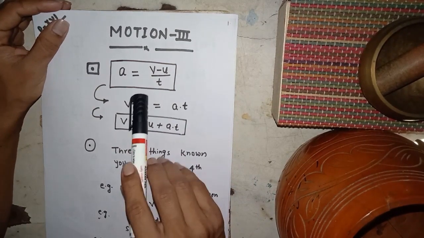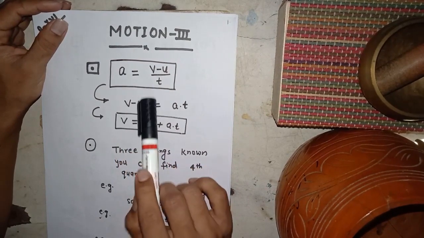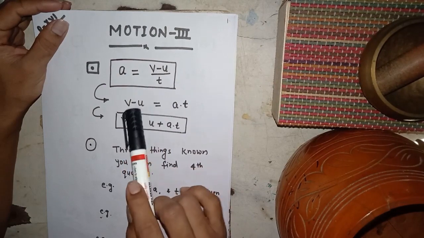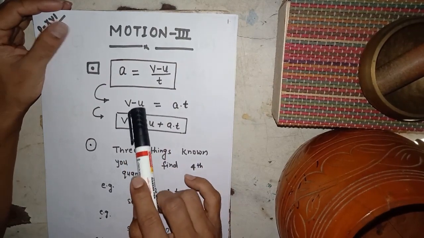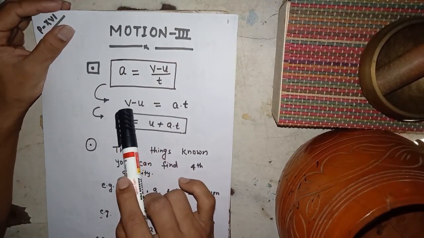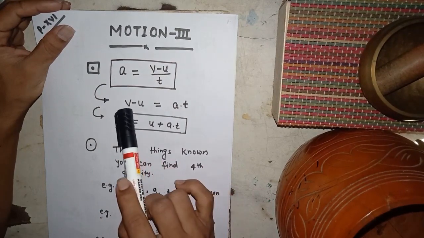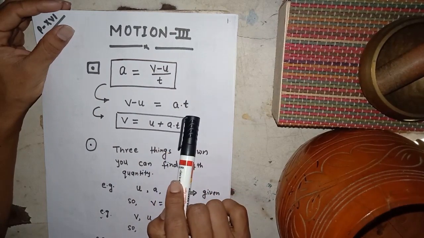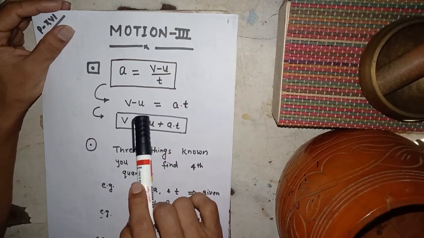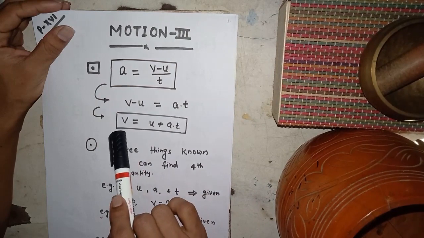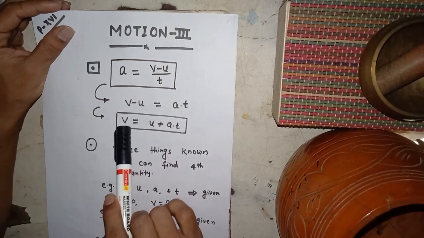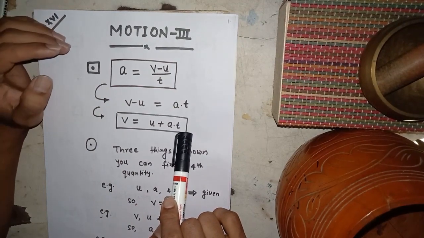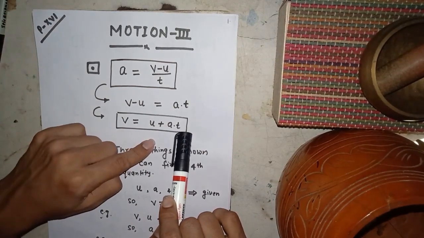But if you manipulate this expression by mathematical methods, you can solve it using cross multiplication. v minus u must be equal to a into t, and by transposition, you get v is equal to u plus at. It means this is a new expression.